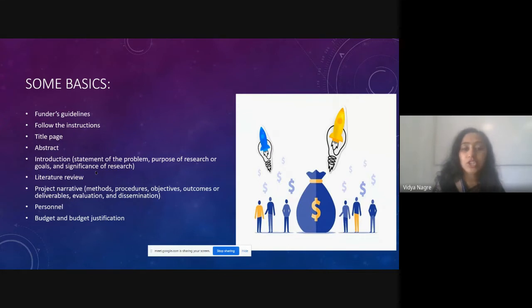Then the literature review is something that I personally recommend. Now, this is something that you may not find in most of the standard funding research proposals, but you must add a literature review, because it shows how much background study you have done.